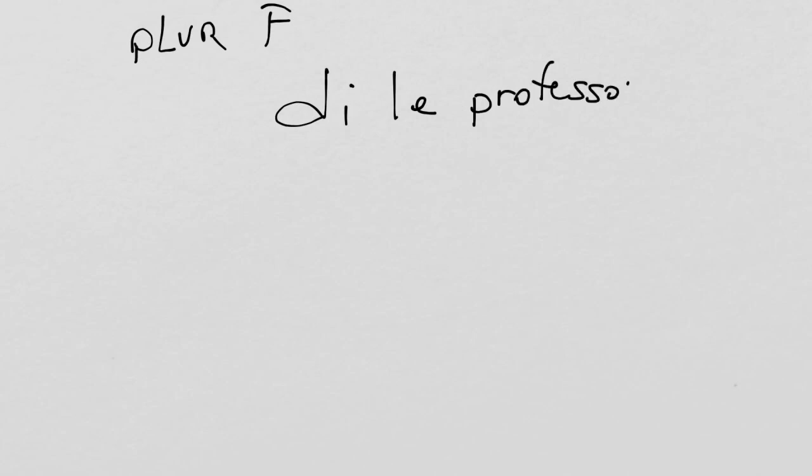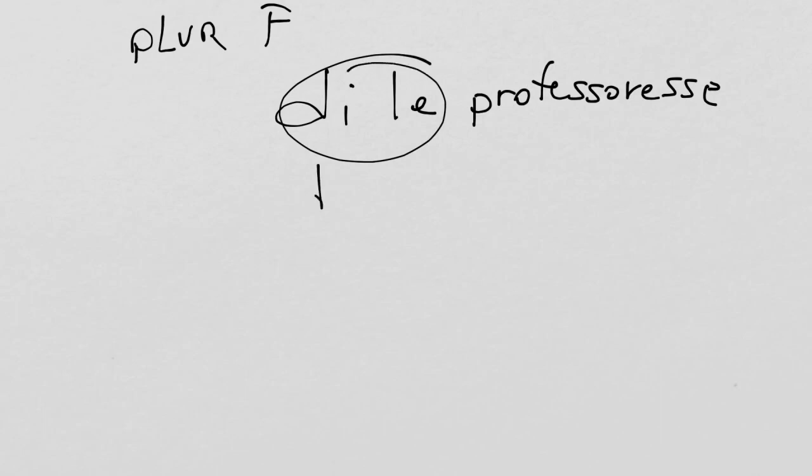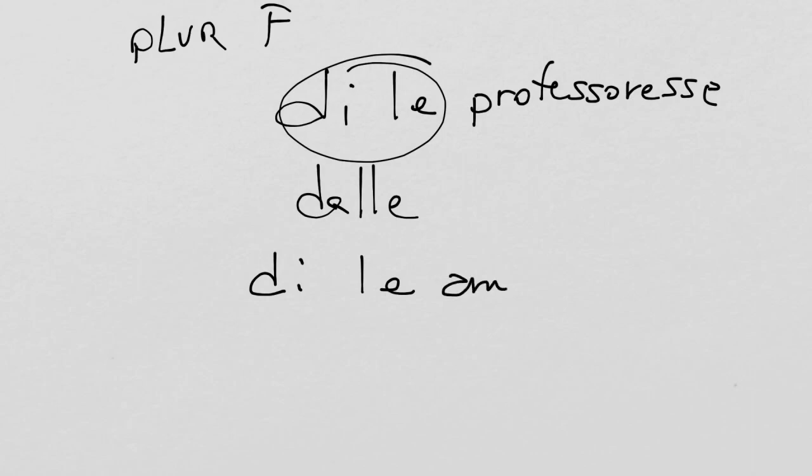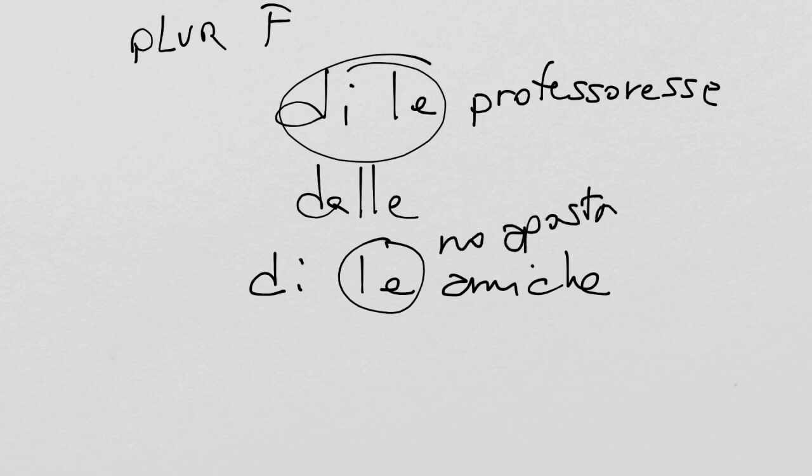Femminile plurale, quickly, di le professoresse, and by now you know that di plus le will combine and become delle professoresse. If the word begins with a vowel like amiche, there is no apostrophe in the plural, so le does not change, does not become l'amiche.